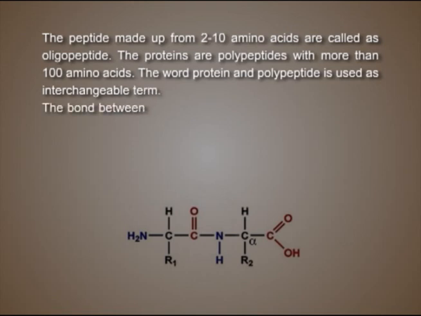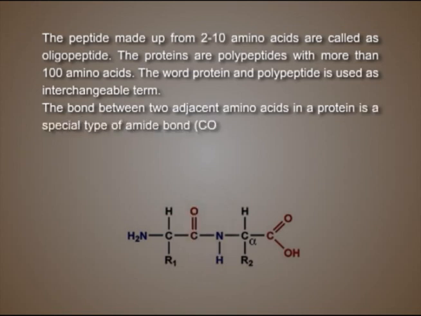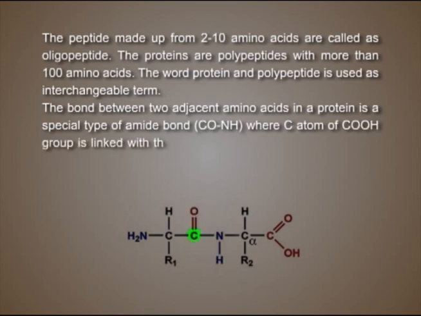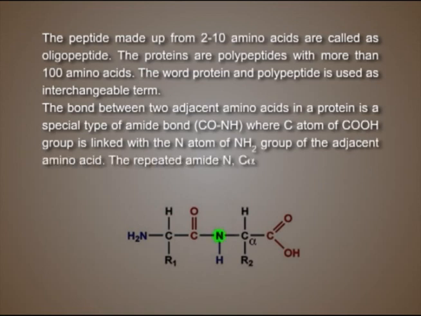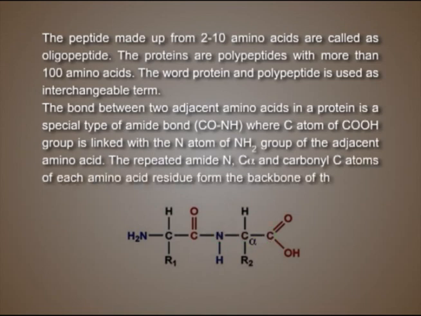The bond between 2 adjacent amino acids in a protein is a special type of amide bond, CO-NH, where the carbon atom of the COOH group is linked with the nitrogen atom of the NH2 group of the adjacent amino acid. The repeated amide nitrogen, alpha carbon and carbonyl carbon atoms of each amino acid residue form the backbone of the protein chain.